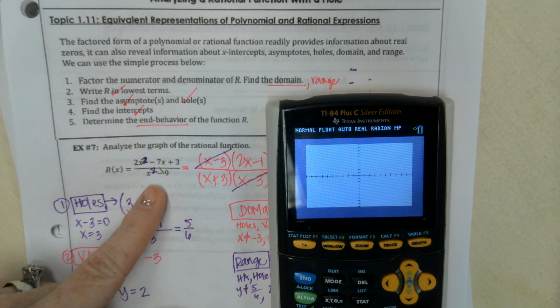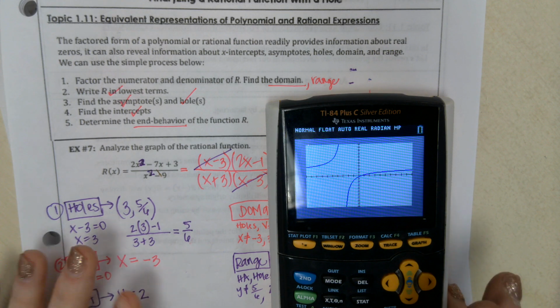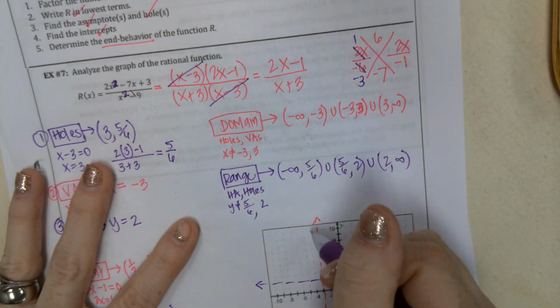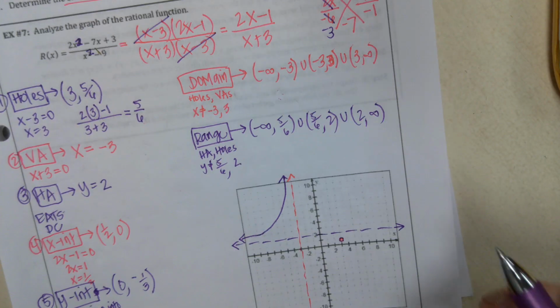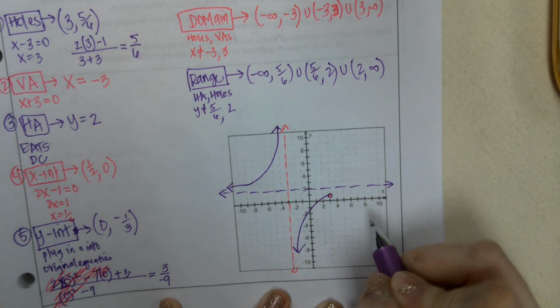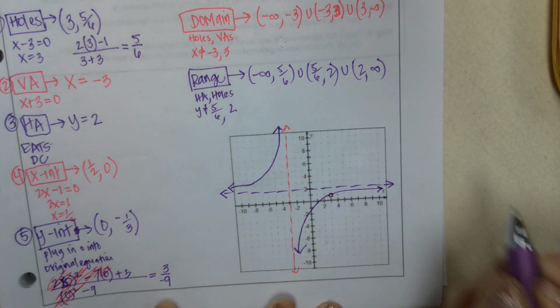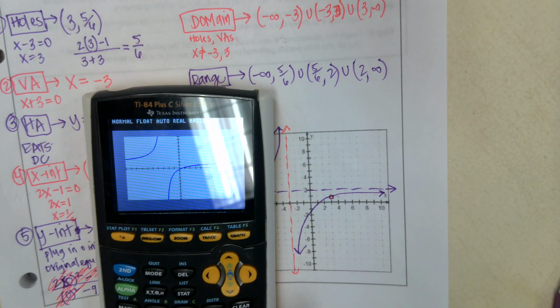All I'm going to do is sketch this on my graph. I know that I have a piece right here, and this piece is going to be on either side of that hole. I just got that from looking at the graph.